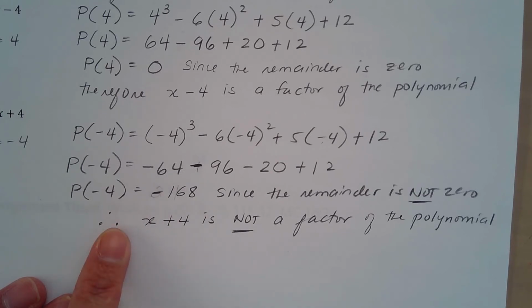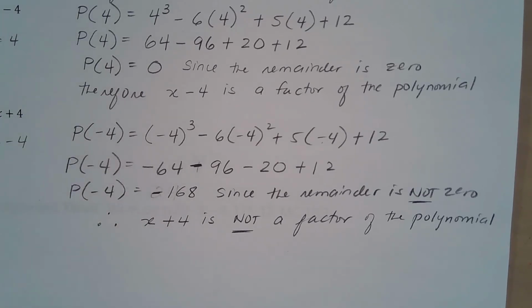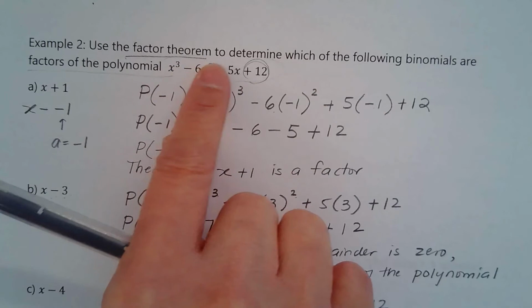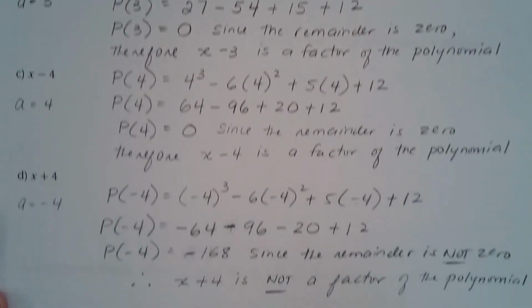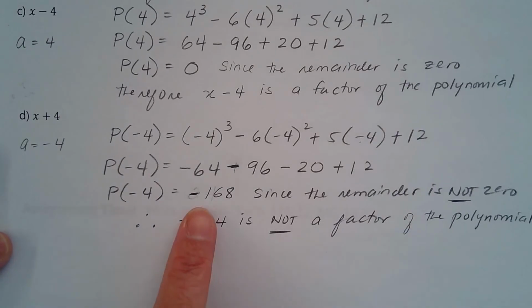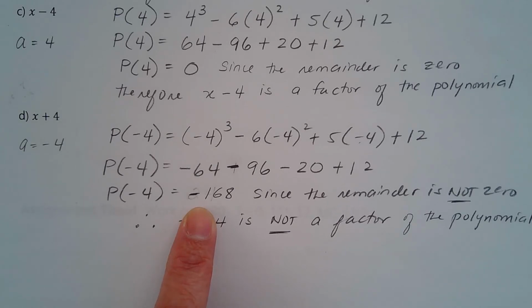It's not a factor. We could try to divide. If we divide it, the remainder would be negative 168. When there's something remaining, that means it doesn't divide evenly, right?